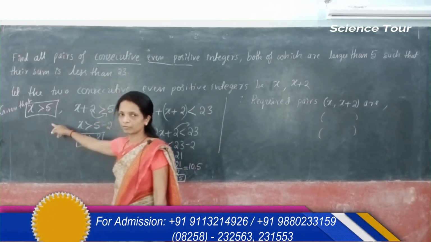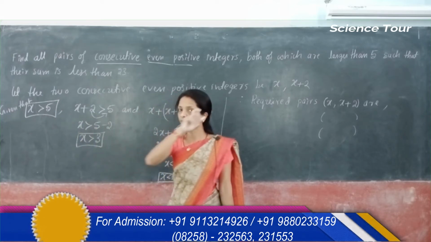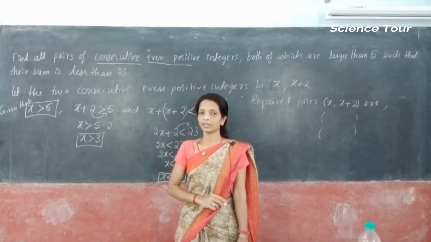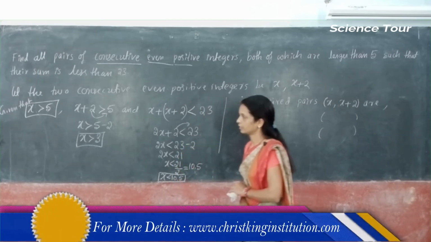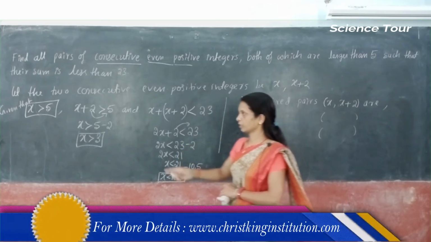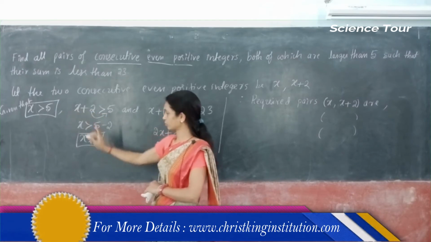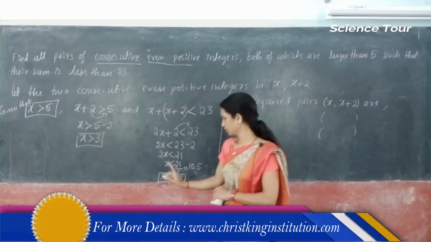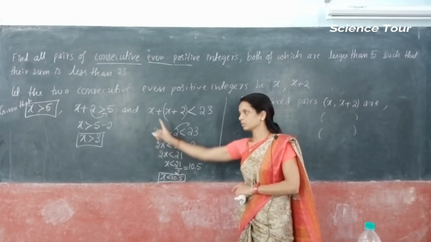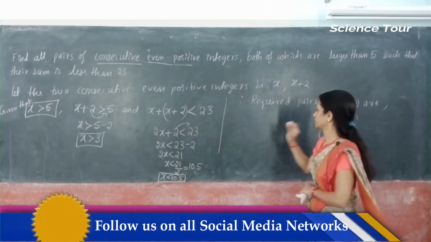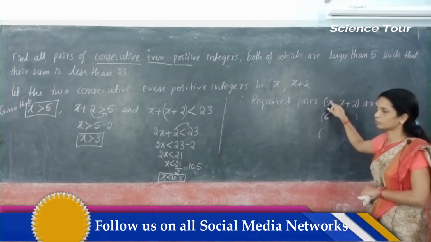So you cannot take 4. Next after 4, which is the next even number? Even number after 4 is 6. Can we take 6? Let's check. 6 is greater than 5, greater than 3, and less than 10.5. So 6 satisfies all these three inequalities, so you can take 6 in place of x.